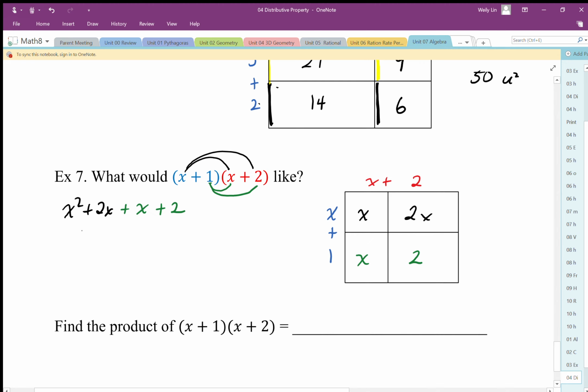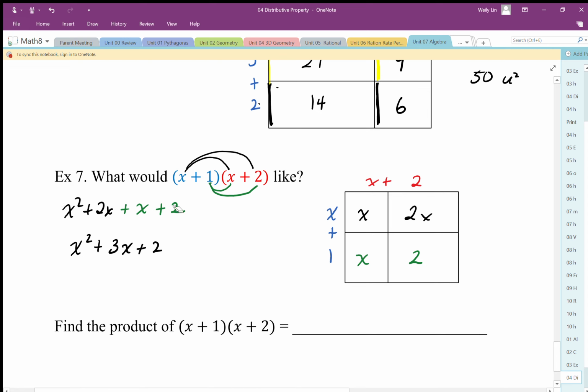So I know this must be the correct answer to this multiplication. And I'm just going to combine my like terms here. So x plus 1 times x plus 2 gives me the area of x squared plus 3x plus 2. If I have a length of x plus 1 and a width of x plus 2, I get an area that looks like this. Now, it might be easier to see it as 4 individual parts.